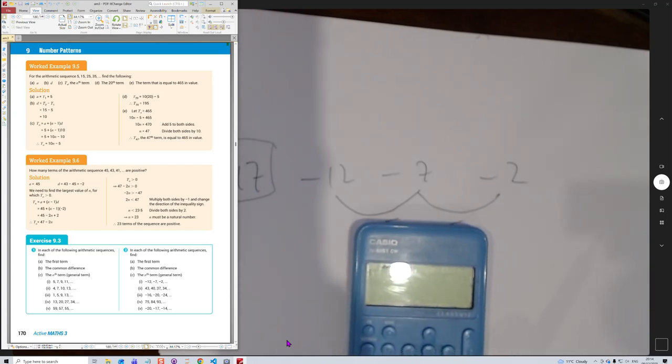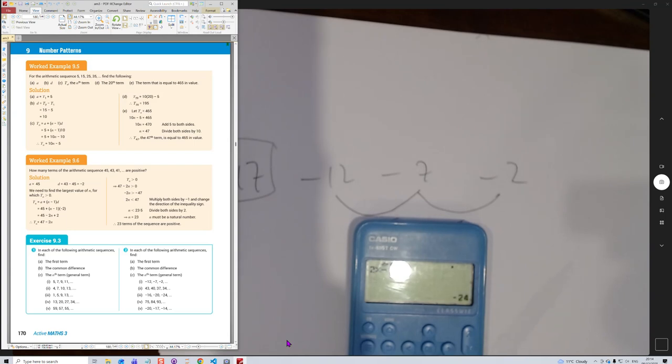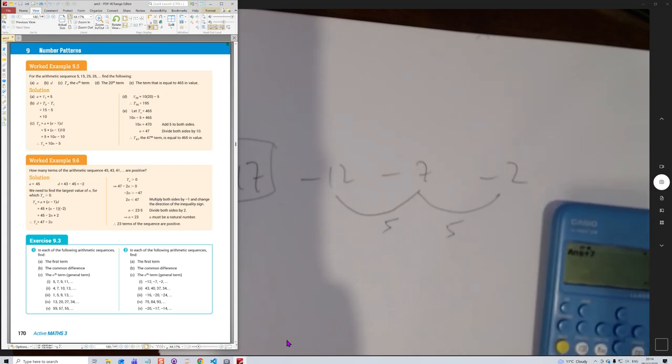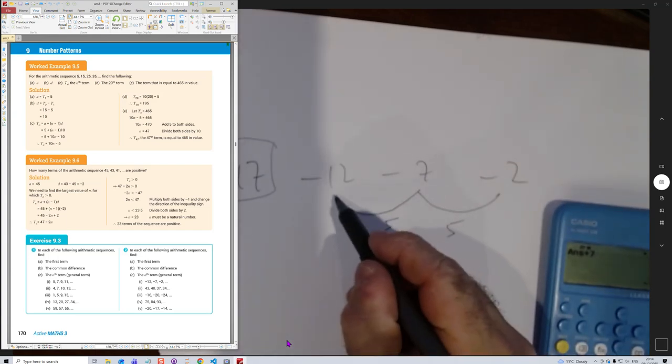Try the other thing. Double the first. 2 by minus 12. Minus 7 is the same as plus 7, and we get negative 17. Minus 12 minus 5.